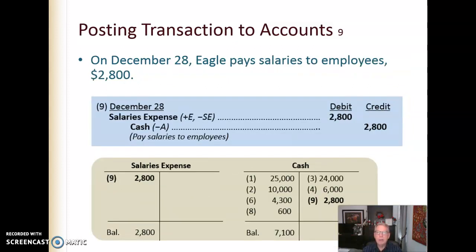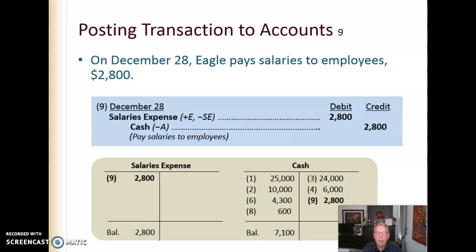And in transaction 9, we paid some salaries. Here, our accounts are salaries expense and cash. Expenses live on the left-hand side of the income statement. To make them get bigger, we debit them, which is what we did here. And cash lives on the left-hand side of the balance sheet as a current asset. We are going to credit cash to make it go down. Now, here is the trick in this transaction.